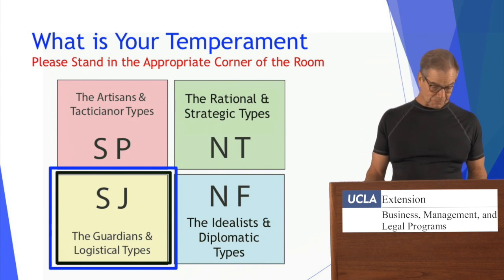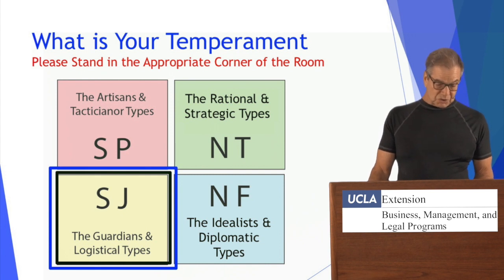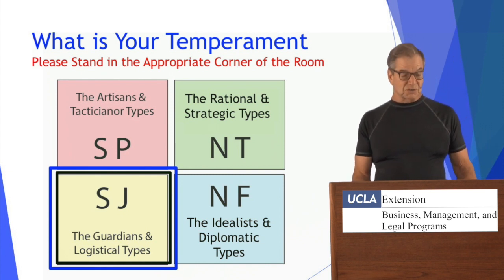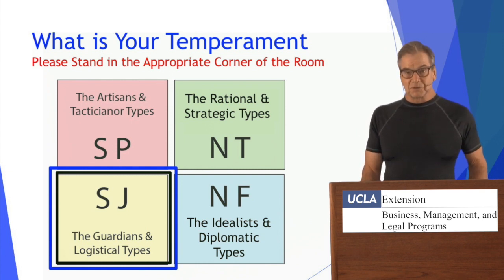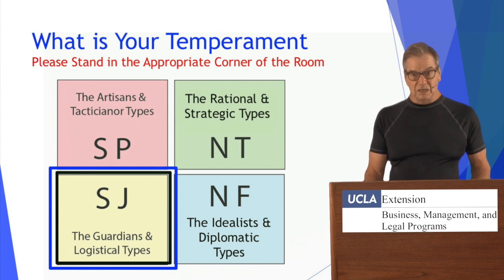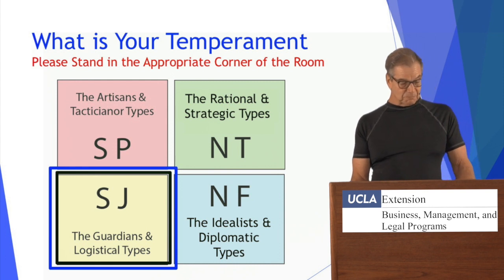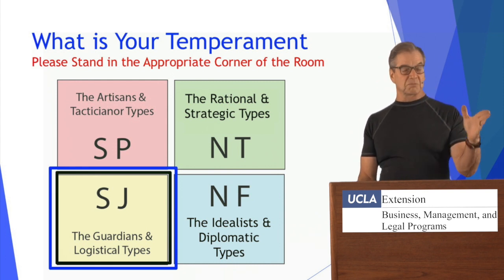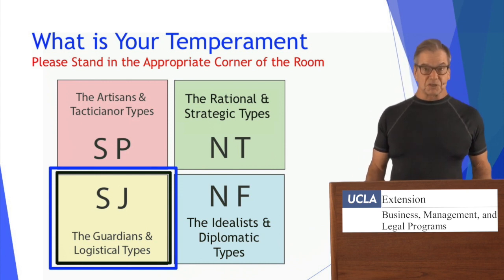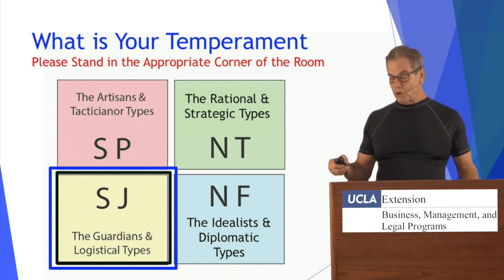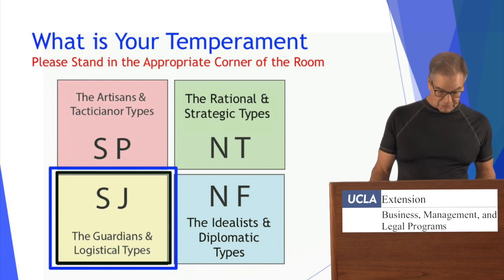When we introduce the guardians, the animal that represents them is a beaver, because they like to build things for the betterment of all. Their most competitive skill is logistics, getting something from point A to point B. They make sure everyone is taken care of, that everybody's walking out the door with their lunch pail, etc.